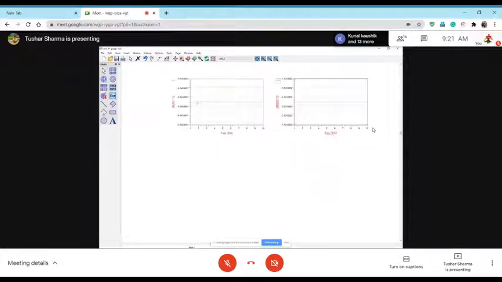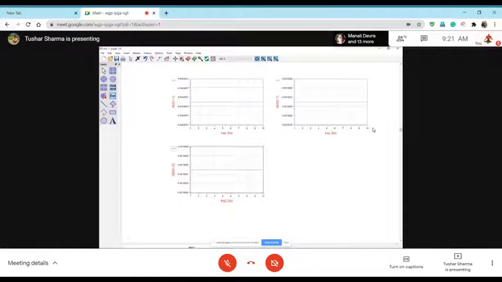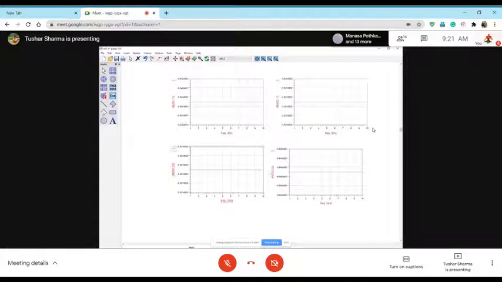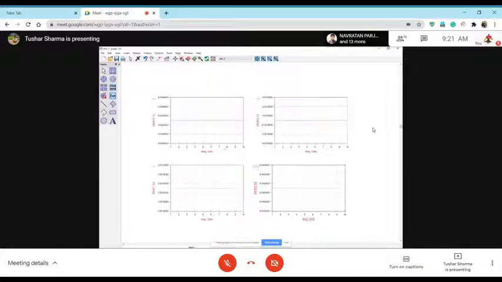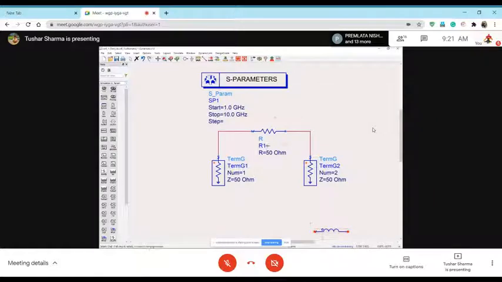Then I can also plot my S12. Let me plot this and then I will explain. If you see carefully, S11 and S22 are the same, and S21 and S12 are the same. The reason for that is it's a resistor, a symmetrical device, so whatever the response is from 1 to 2 will be the same from 2 to 1.